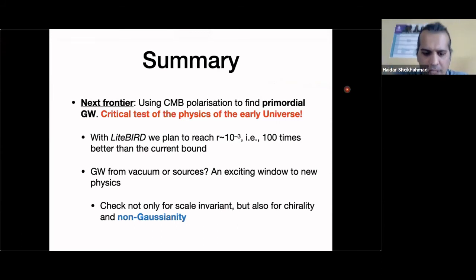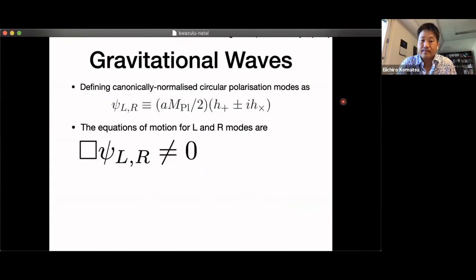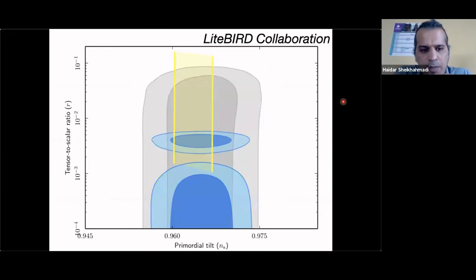If we are optimistic about the detection of B modes in the near future, and also non-Gaussianity, as you said, it maybe can be considered as an improvement of the inflationary and quantum fluctuation of early universe evolutions. Am I right?